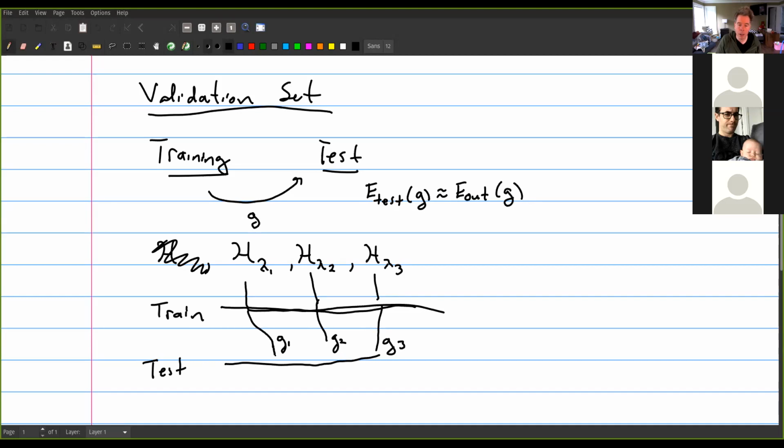And then one of these will do the best. So it will have the best performance on the test set, and we call that G star or something. Then we decide that whichever family G star came from is the best choice of the hyperparameter. So let's say that G star, the model that did the best on the test set, came from this model that had this choice of hyperparameter.